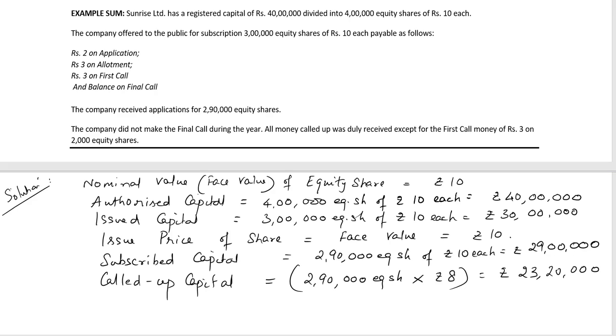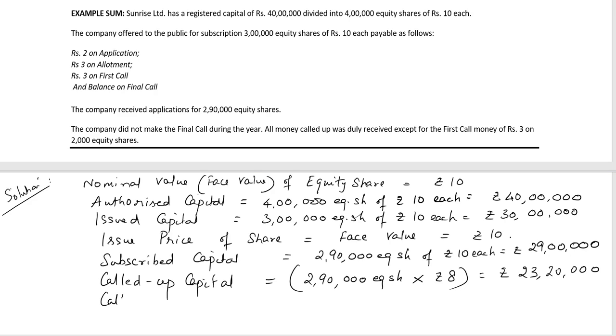The last sentence, all money that was called up was duly received except for the first call money of rupees 3 on 2,000 equity shares. So a particular shareholder who's holding 2,000 equity shares did not pay the first call money of rupees 3, although it had been called up by the company.